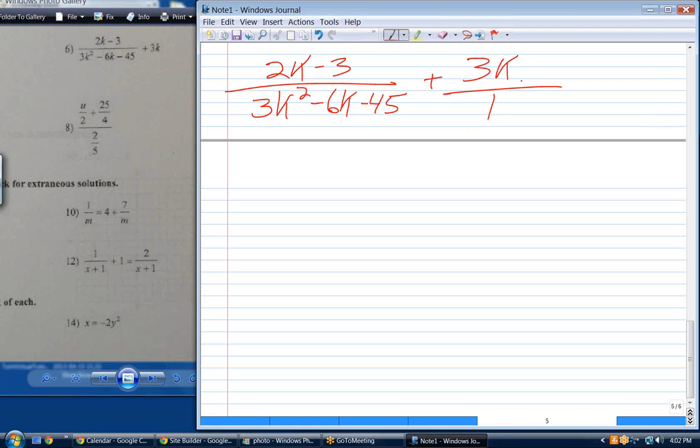So I've got to multiply this right fraction by what? 3k squared minus 6k minus 45 over 3k squared minus 6k minus 45. Remember, I can only multiply it by 1. If I multiply it by any other number other than 1, I've changed its value, and I don't want to change its value. So all I want to do is simplify it. So I have to multiply it by that over that, and that gives me the common denominator that I'm looking for in the bottom.